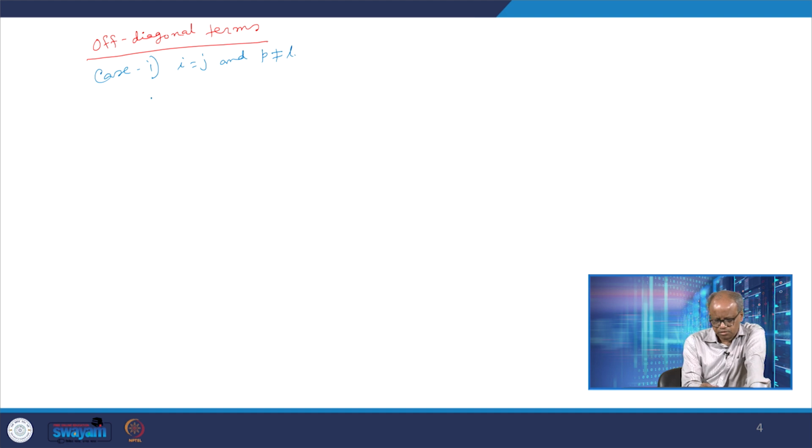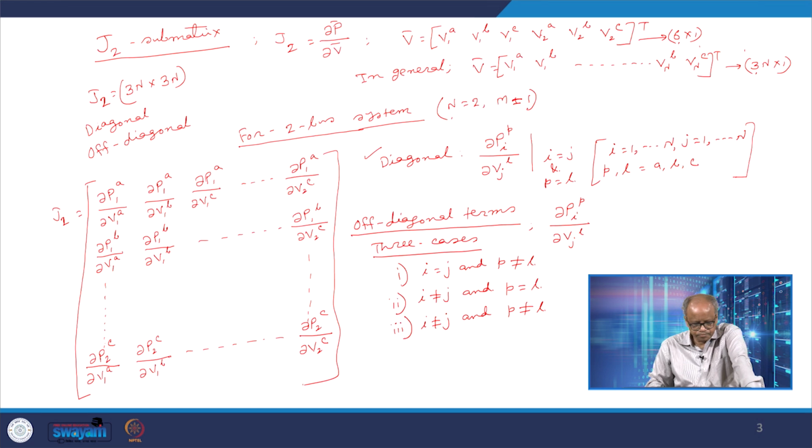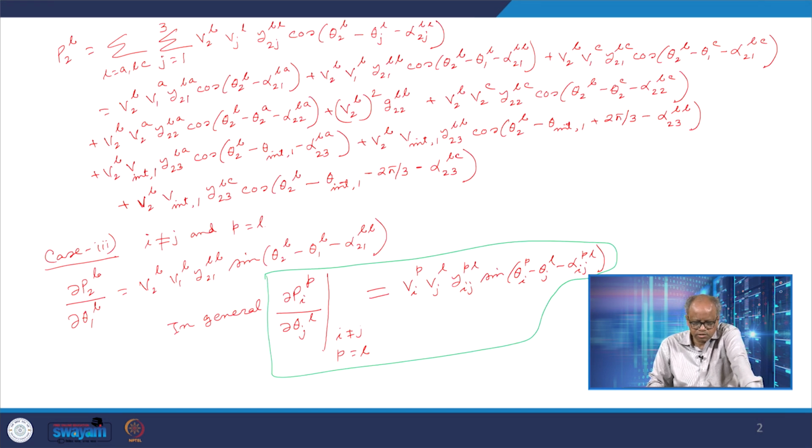One expression would be del p2b by, with I equal to j, del theta2a. Theta2a is only available in one term, and in all the other terms it is not available.